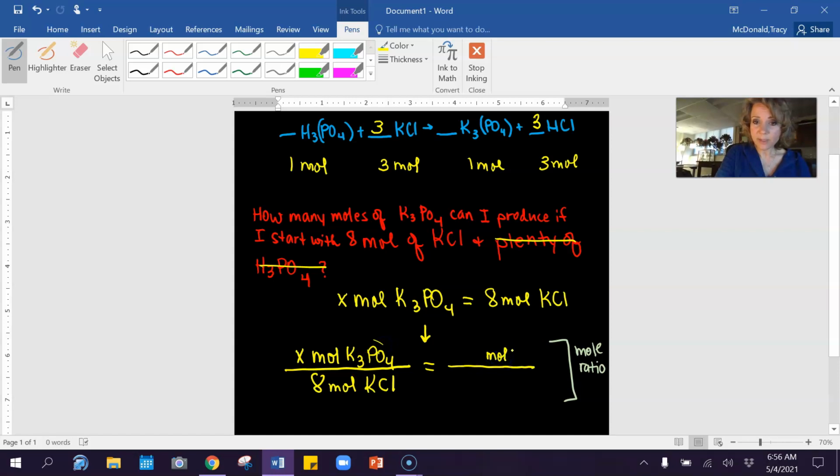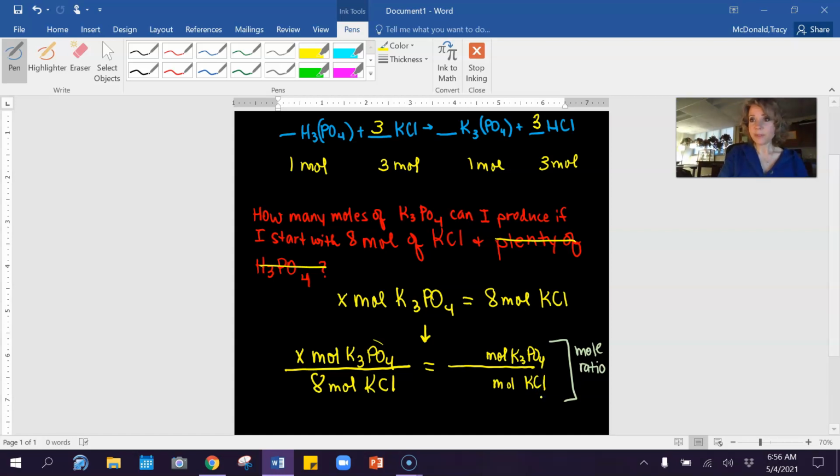Before, I wasn't real picky about you writing down the formulas, but when you do this, you want to make sure that you do so that you don't get confused. And since I have moles of potassium chloride on the bottom, I'm going to shift that over and just copy it to moles of potassium chloride on the bottom on the other side.